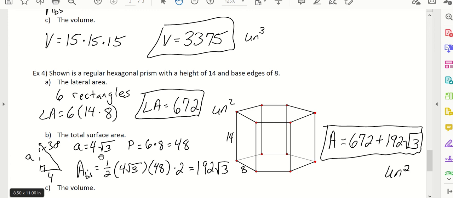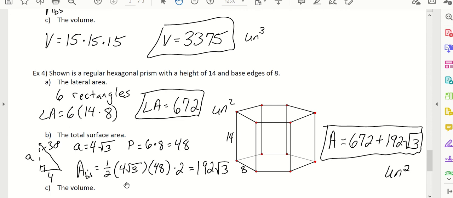The way we find the area of a regular hexagon: 1/2 times the apothem times the perimeter. 1/2 times the apothem, 4 root 3, times the perimeter. Well, 6 times 8, 6 sides, length of 8 for each side, we got 48 for the perimeter. And then we have 2 of these, right? There's a base on the bottom, base on the top, so times 2.